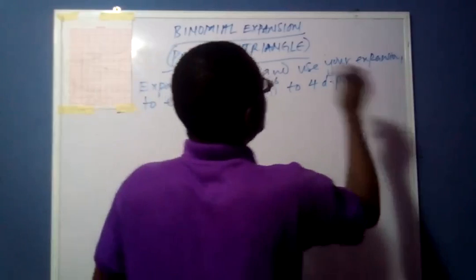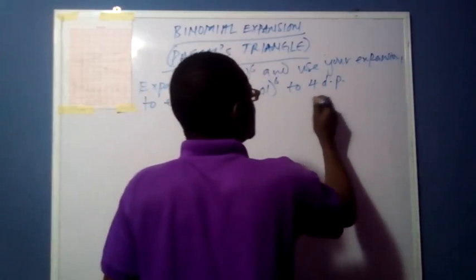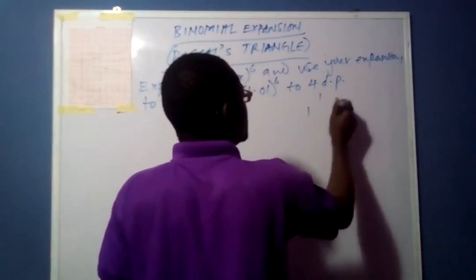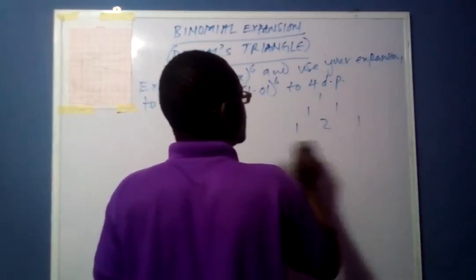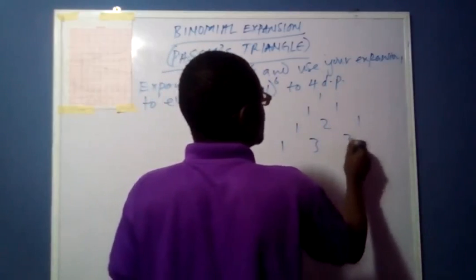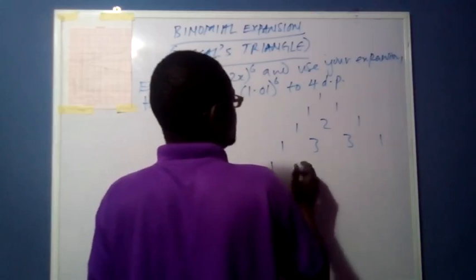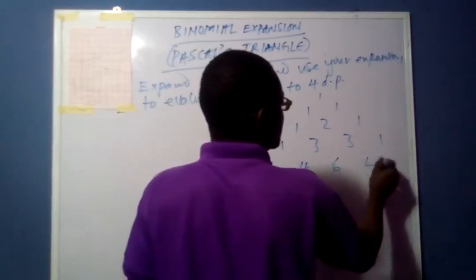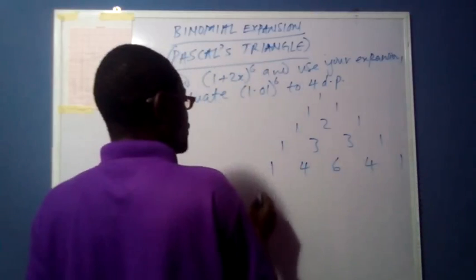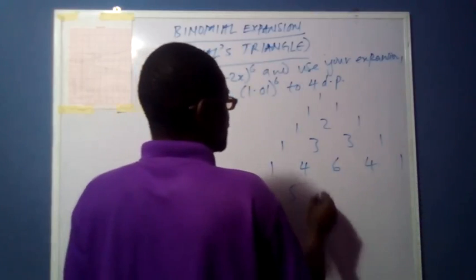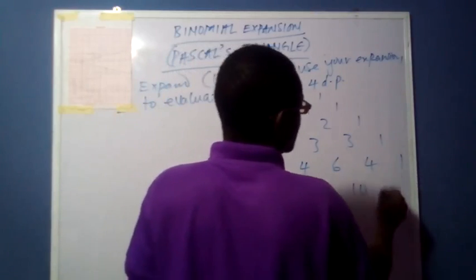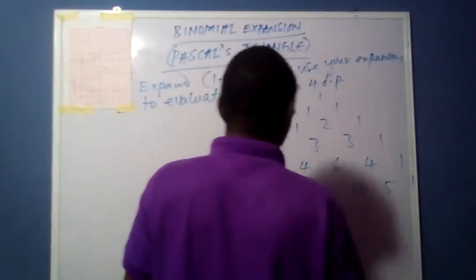So now this is Pascal's triangle. 1, 1 1, 1 2 1, 1 3 3 1, 1 4 6 4 1, and then we have 1 5 10 10 5 1.